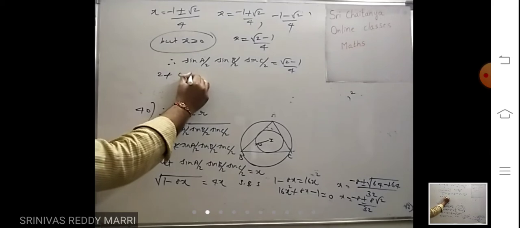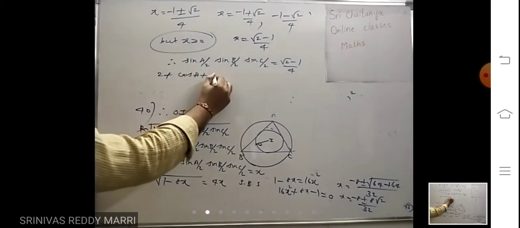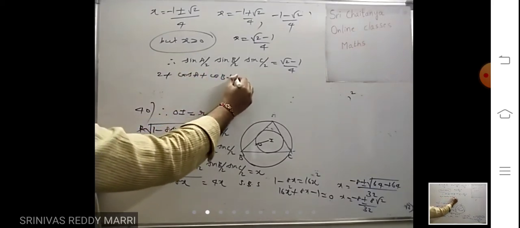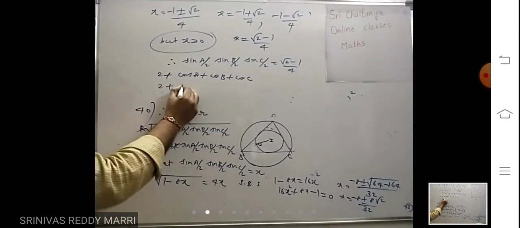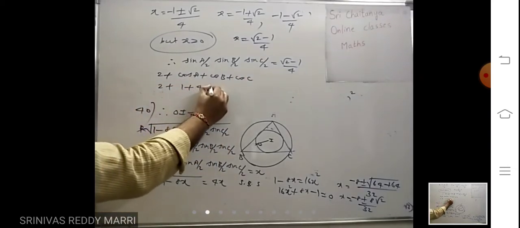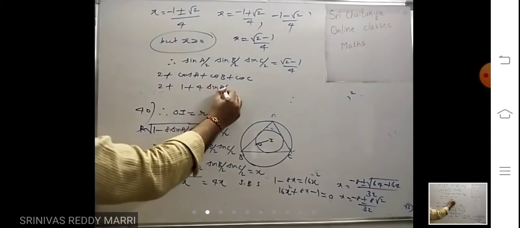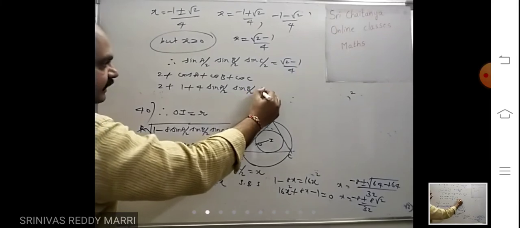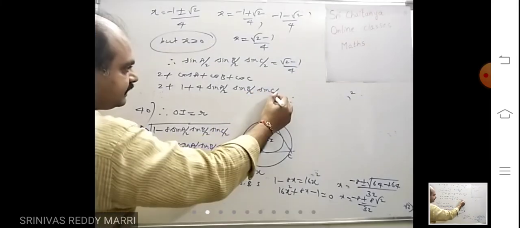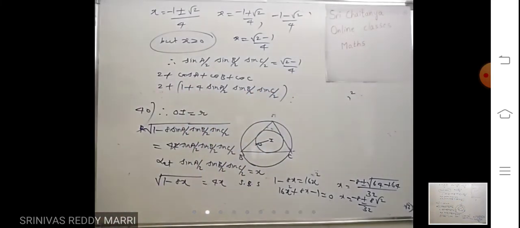2 plus cos A plus cos B plus cos C. Now in triangle ABC, this is the identity, which I also told: cos A plus cos B plus cos C equals 1 plus 4 sine A by 2 sine B by 2 sine C by 2.